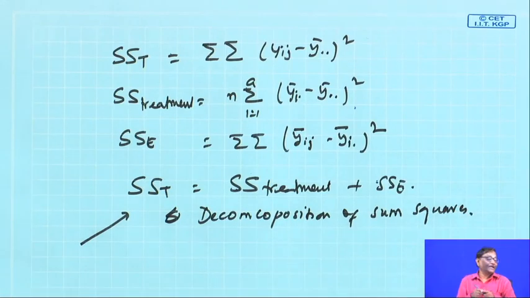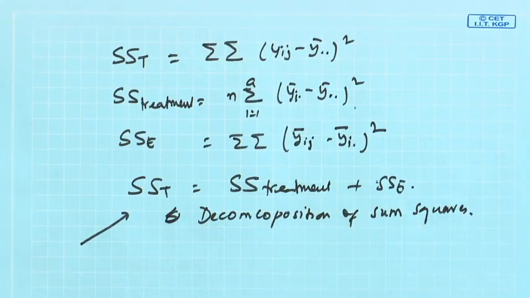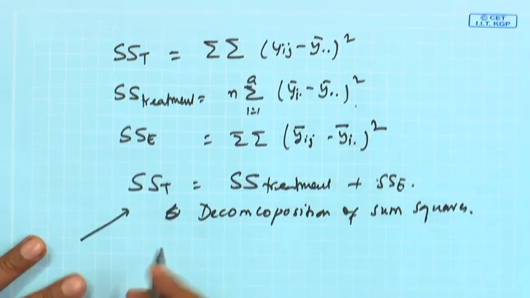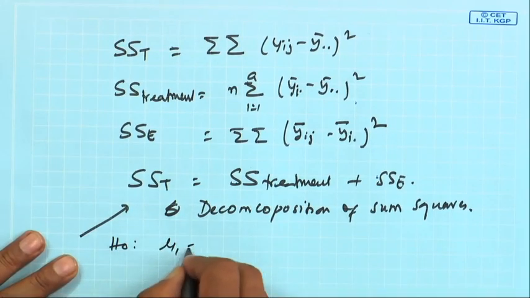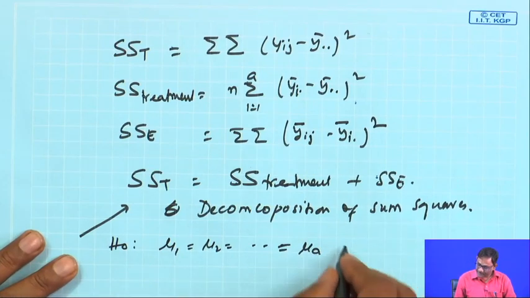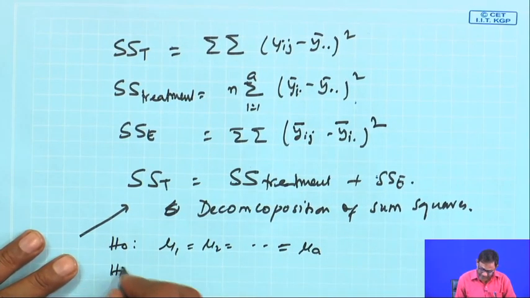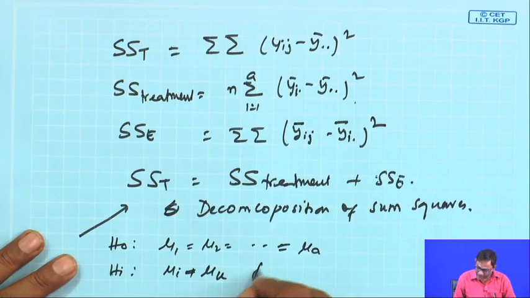We will see one example here. In ANOVA, as I told you, we test the null hypothesis that mu 1 equal to mu 2 equal to mu a, and the alternate hypothesis is mu i not equal to mu k for at least one pair.